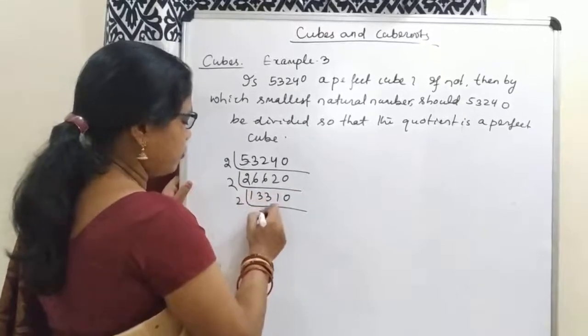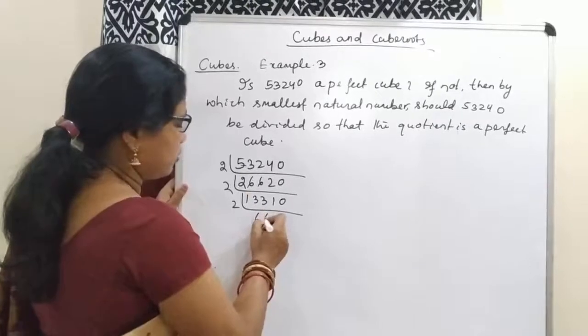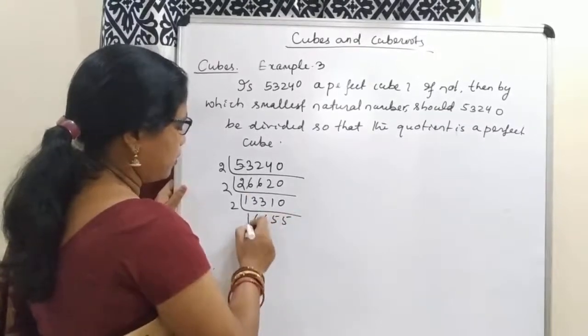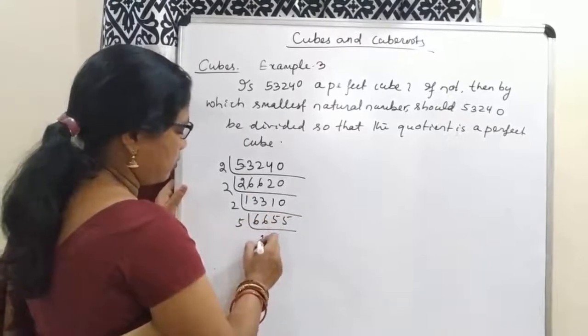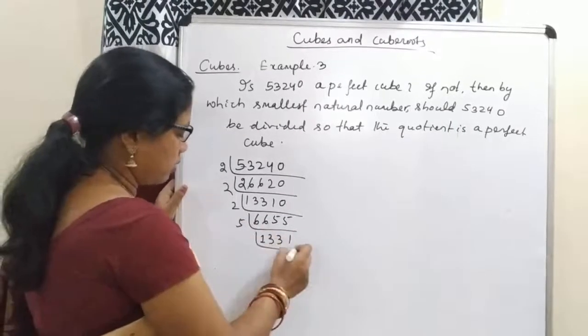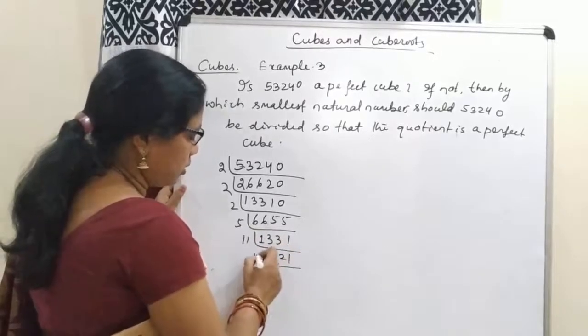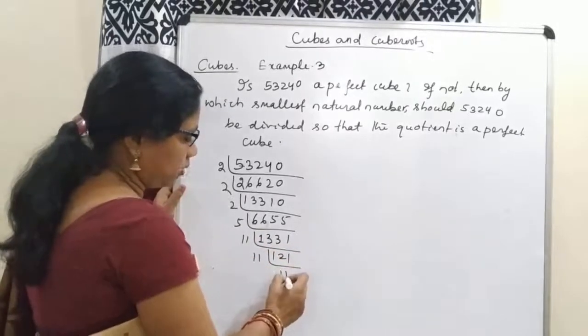Then 2, 2 6s are 12, 2, 6, 5, 5. Then 5, 1, 3, 3, 1. Then 11, 1 to 1. Then 11, 11.